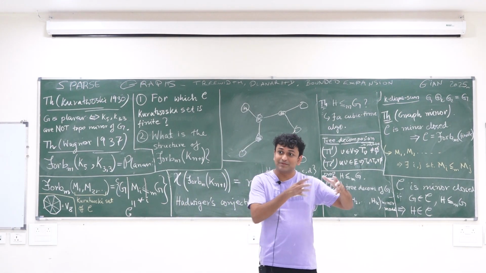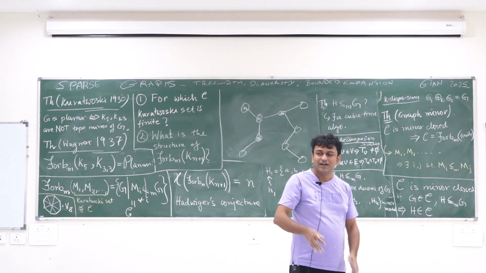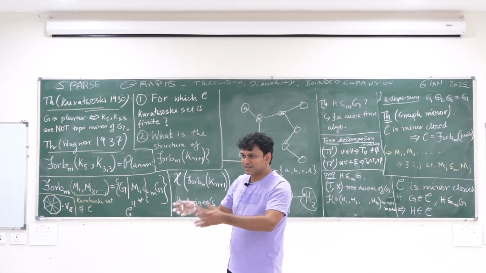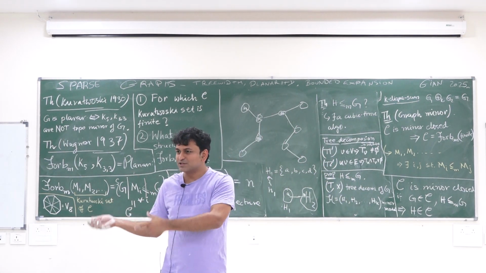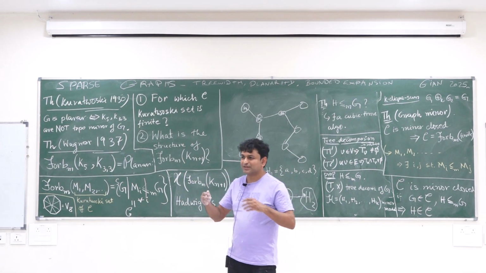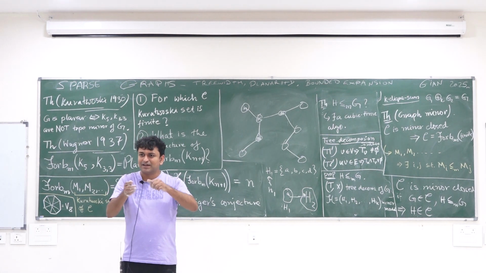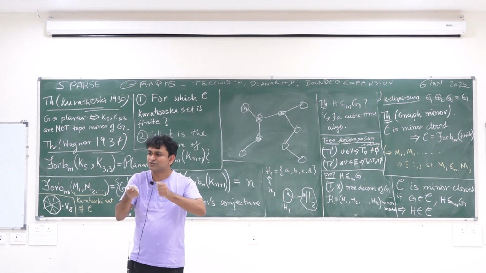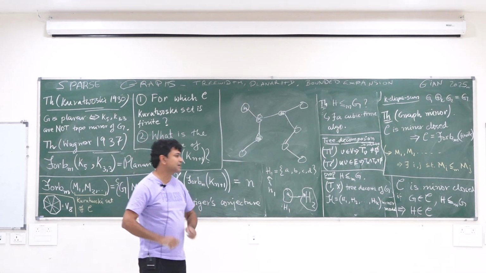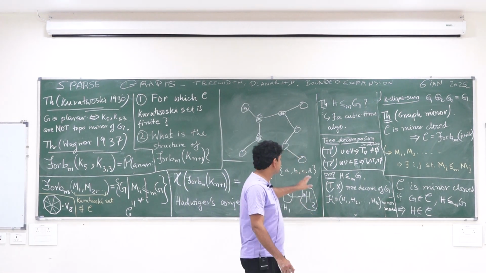But now I have something bigger than the tree of A as H1's tree and bigger than the tree of Z as H2's tree. So they will also have a bag where there is both. So wherever this bag was, which had A and B, it will be H1 and H2 now. A and Z, it will be H1 and H2, and those two trees will also intersect. So that will satisfy condition 2.